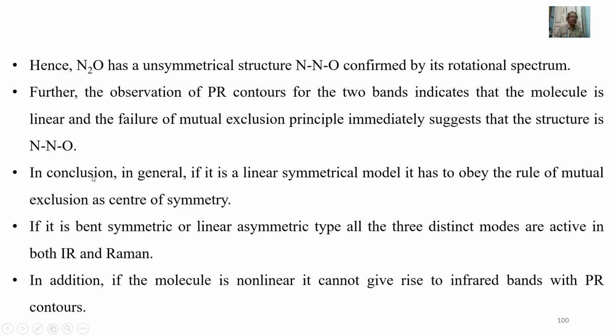In conclusion, in general, if it is a linear symmetrical molecule, it has to obey the rule of mutual exclusion, as it has a center of symmetry. If it is pseudo-symmetric or linear asymmetric type, all the three distinct modes are active in both Raman and IR. In addition, if the molecule is nonlinear, it cannot give rise to infrared bands with PR contours.